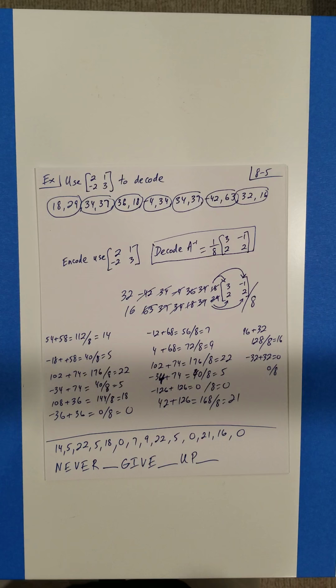Now this is how you decode. First you use the inverse, and now you're going to use the first two numbers and multiply them to this matrix. My first two numbers are 18 and 29. Multiply in. When I do that, I get 54 plus 58, which comes to 112.